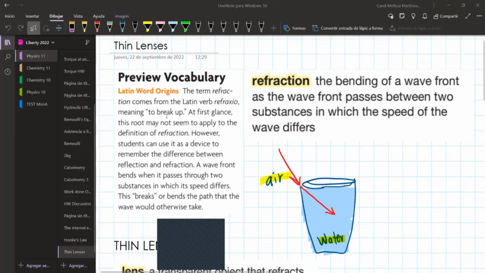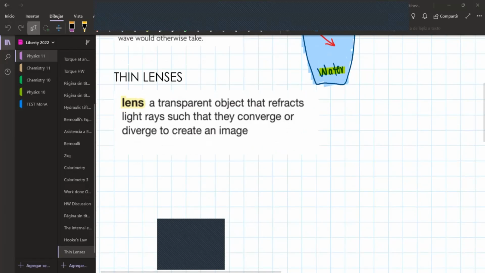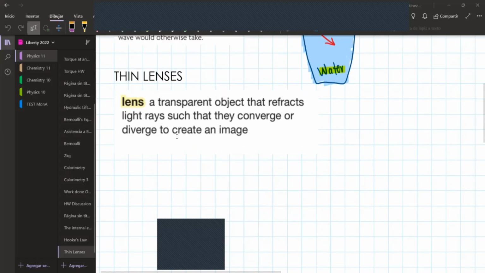So these lenses that we're going to be seeing in this topic are going to converge light rays or diverge them.